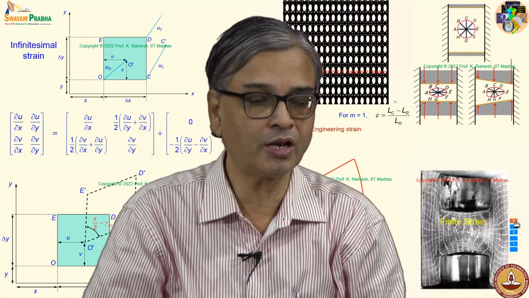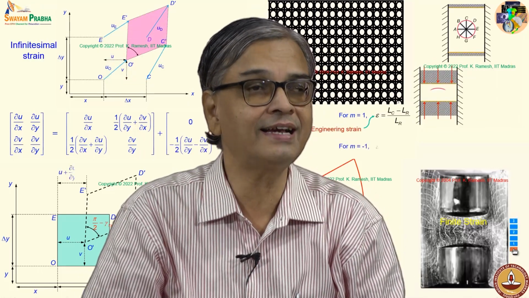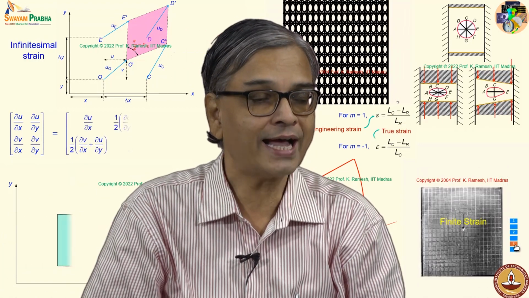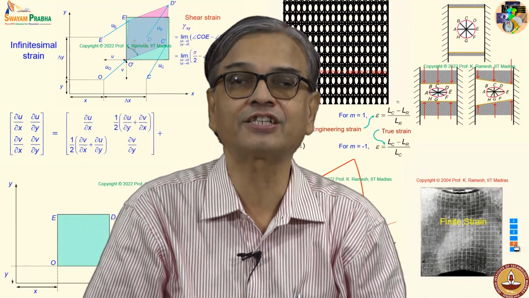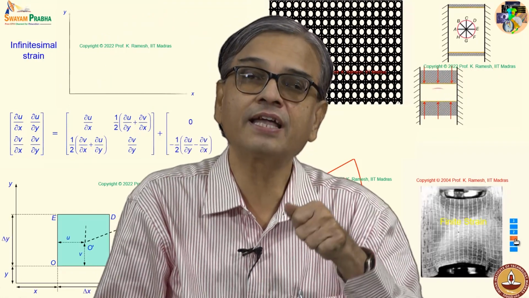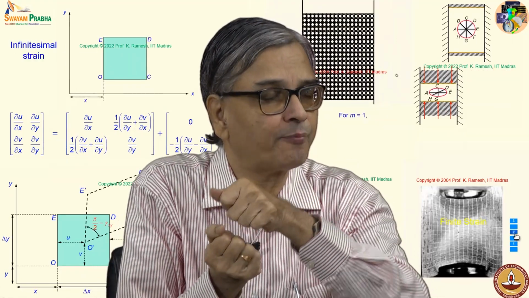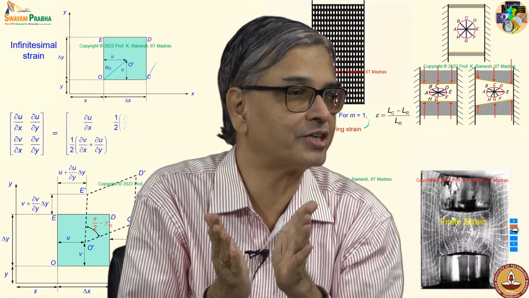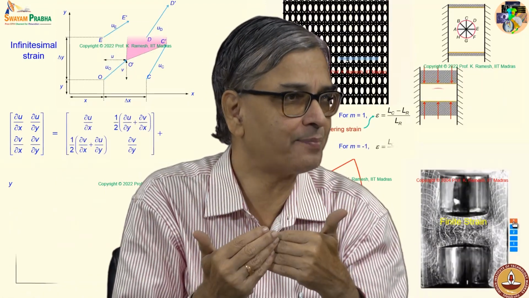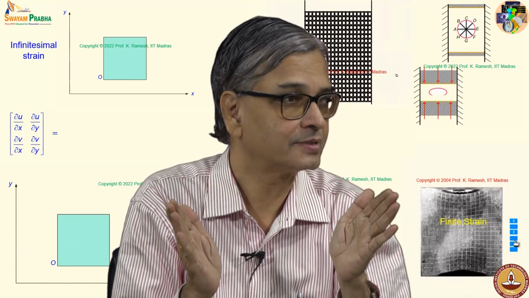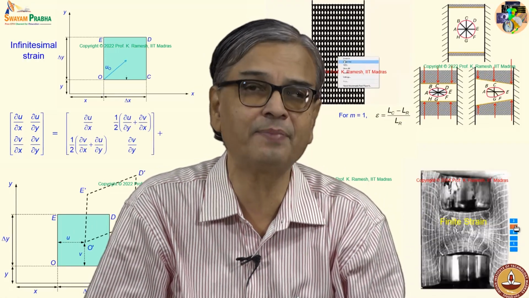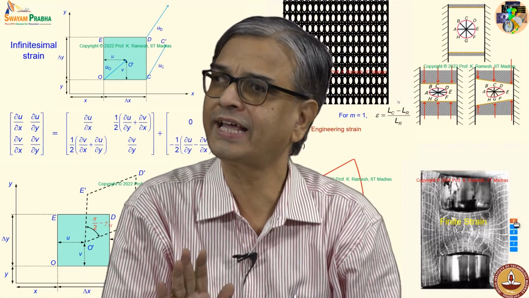Suppose I pull, if I exaggerate the deformations, I also have a lateral contraction. Suppose I push it, instead of pulling it, I compress it. What would you anticipate in the lateral dimension? The opposite of this should happen. It will bulge out. So when I have strain, it is always either biaxial or triaxial.